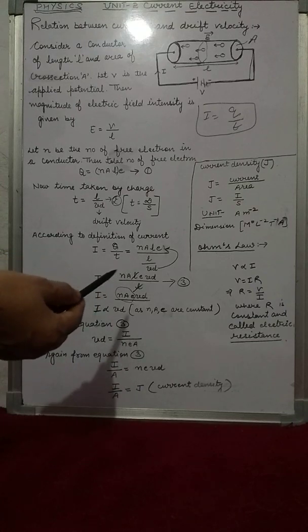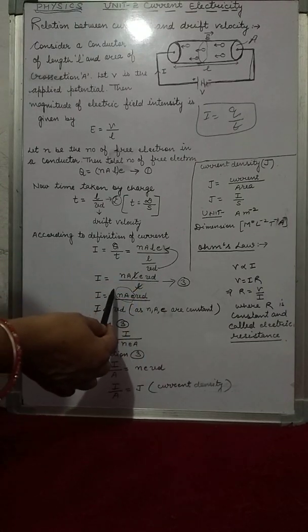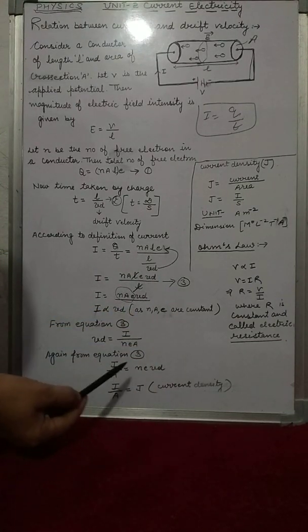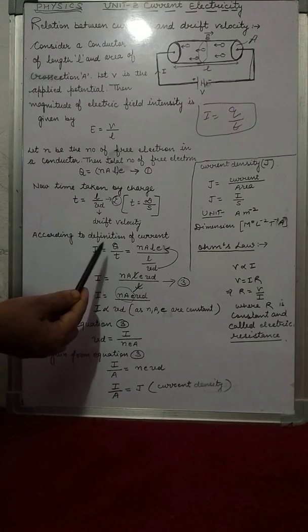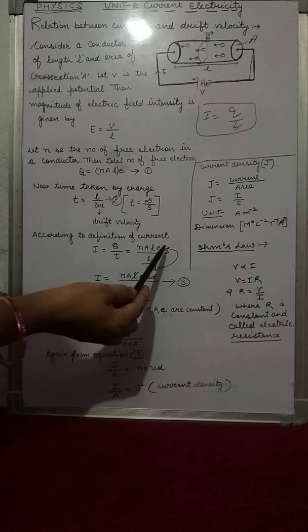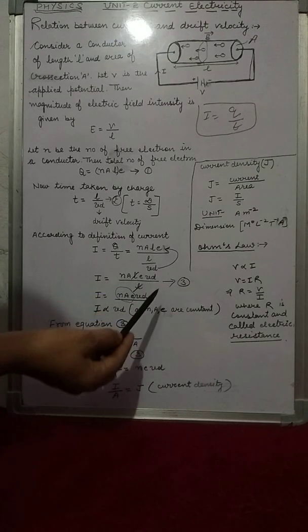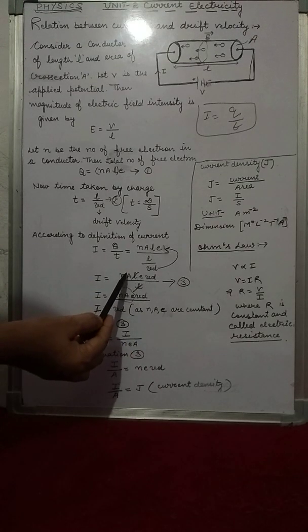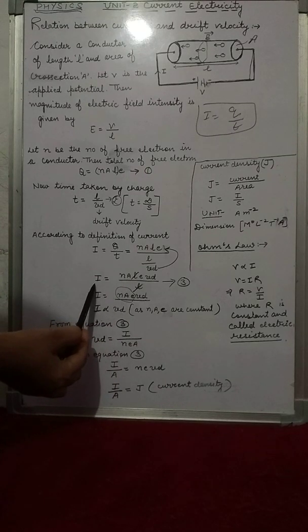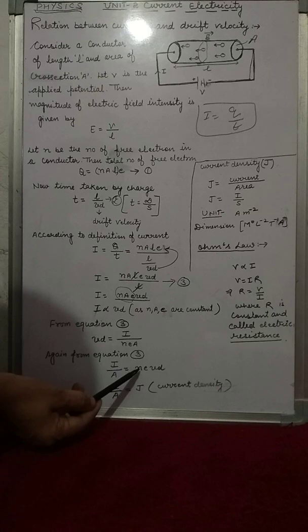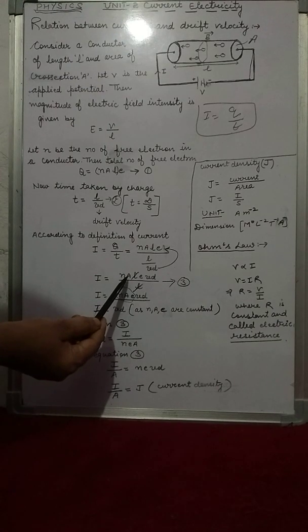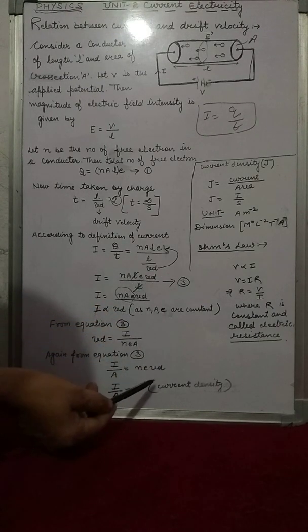Now again from equation 3, we can calculate from this equation I is equal to nAe into Vd. Bringing this A to this side, this becomes I upon A is equal to nae into Vd.